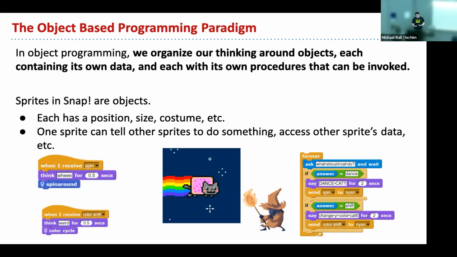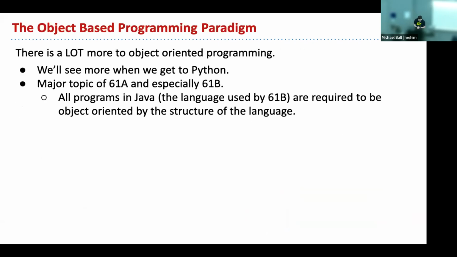And we can do things to those objects. We can have the object ask a question, we can have it say something. If I'm on one sprite and I use the say block in my current script, only one sprite will say something at a time. If I have another say block on another sprite, it can say something different. We can think of those as procedures that apply to each specific kind of object.